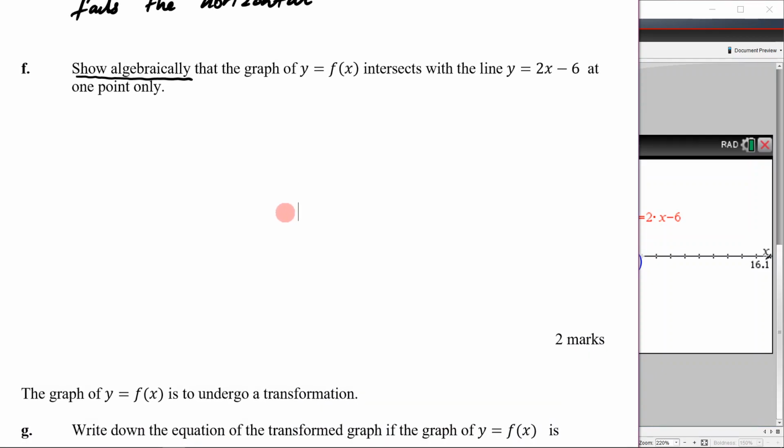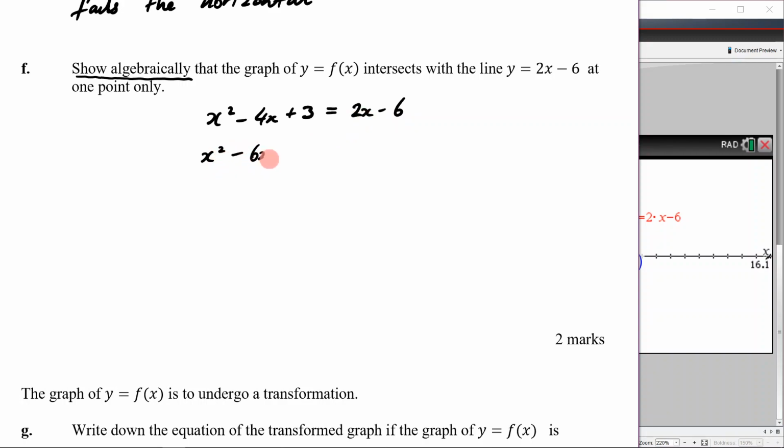Well, what you're going to do is take the function, which was x squared minus 4x plus 3, and set it equal to 2x minus 6, because remember, you set things equal to each other and then solve for x when you're dealing with intersection. So let's now minus 2x to both sides.